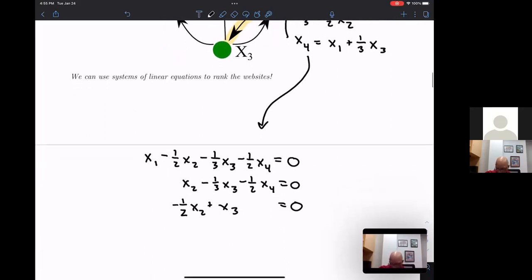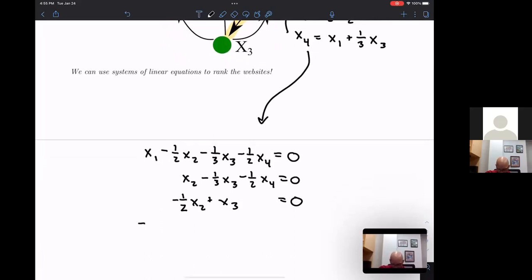And that last equation becomes minus X1 minus 1/3 X3 plus X4 equals 0. You might have noticed as I was writing these down, I was also reordering things so that it went in 1, 2, 3, 4 order. Not strictly necessary, but certainly helpful for the next step I'm about to do.